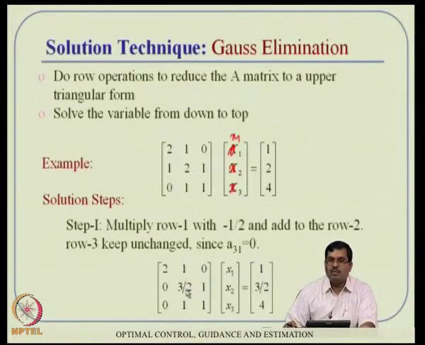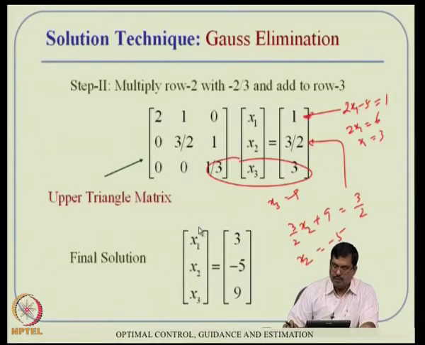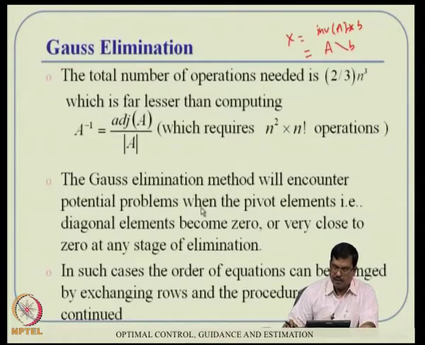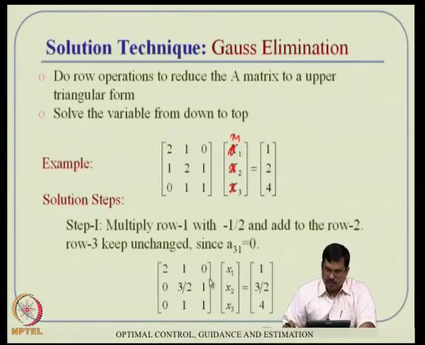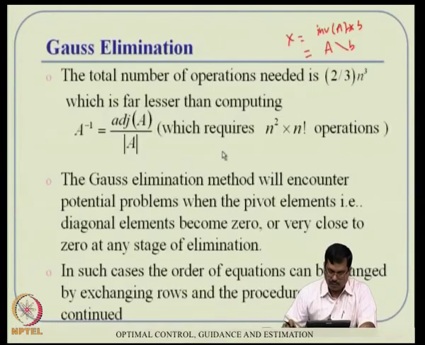No matter how much you multiply, add and subtract, nothing will happen to this one. So in those situations, one easy way is just to exchange the rows. Suppose this one happens to be 0 here, then you take the entire equation and put it as the third equation, and the third is substituted as the second equation. You exchange the equations and then proceed further. That is the idea there.